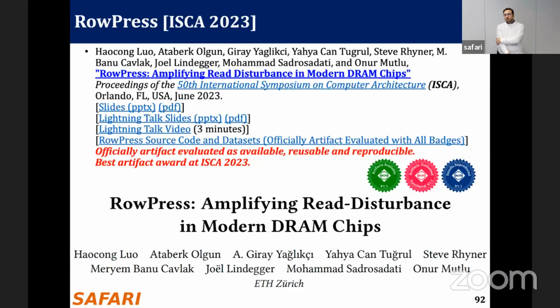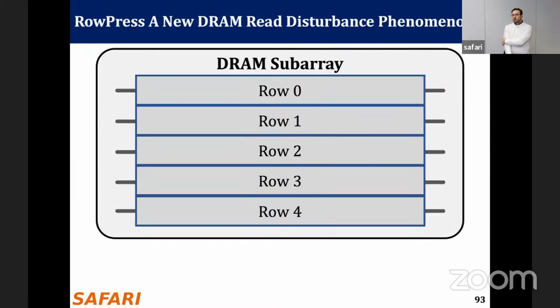Okay. So I just put this slide as a reminder of the RowPress paper because I will explain some experiments that we conducted for this work that are inspired from the RowPress paper. RowPress was a new DRAM read disturbance phenomenon, discovered earlier in 2023 and published in ISCA. In RowHammer, we need to keep opening and closing rows.